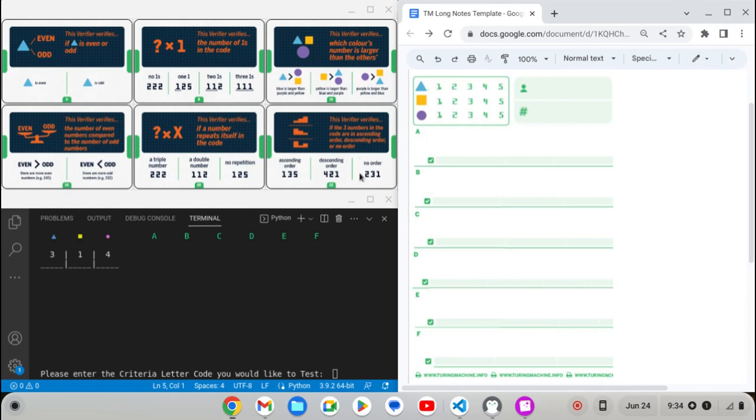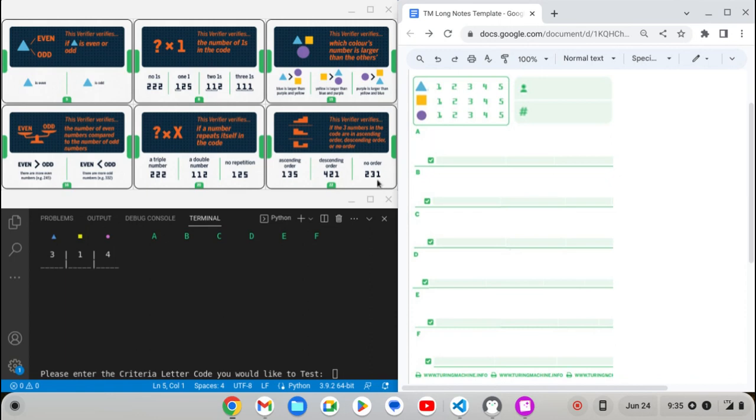Let's look at the example 231. One way to define that it has no order: notice that it starts off at 2, it increases to 3, but then it goes down, it decreases down to 1. So that shift from increasing to decreasing is one way to define that the 3-digit solution has no order.